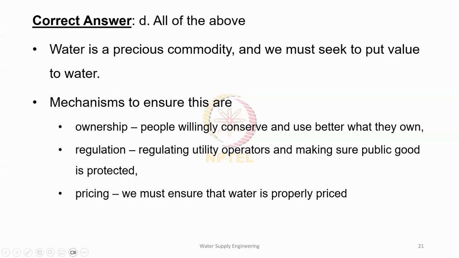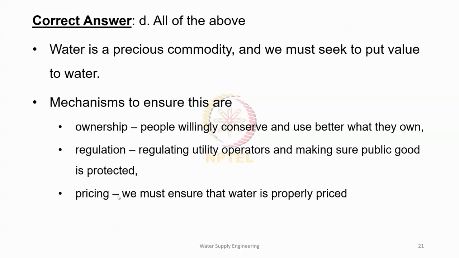Then it is regulation. That is, regulating the utility operators, ensuring protection of the public goods. So all these again lead to conservation of water. Then pricing. If water is less priced, there will be a tendency to waste more water.